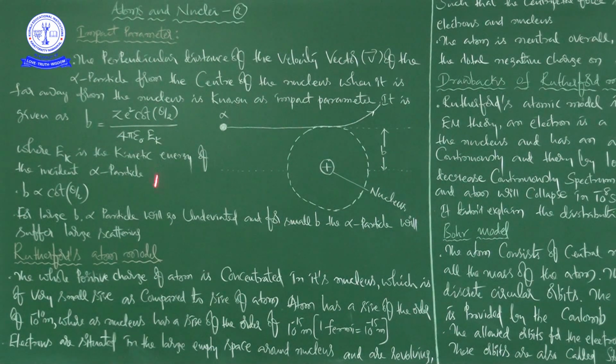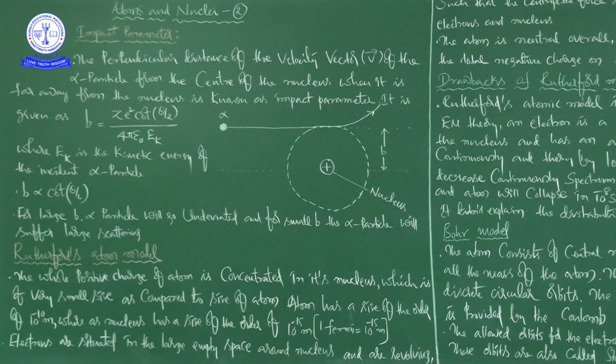Impact parameter. You can see this picture: the atom, the nucleus, the path of the alpha particle, and thereafter the central line of the nucleus. The distance between these two is simply called B, the impact parameter.